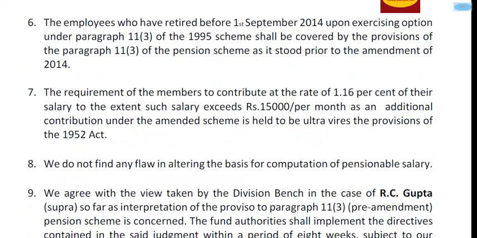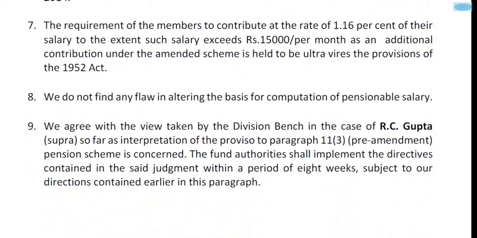The requirement of the member to contribute at the rate of 1.16% of their salary to the extent of salary exceeding 15,000 rupees per month as an additional contribution under the amendment scheme is held to be ultra vires the provisions of the Act 1952. We do not find any flaw in altering the basis for computation of pensionable salary.